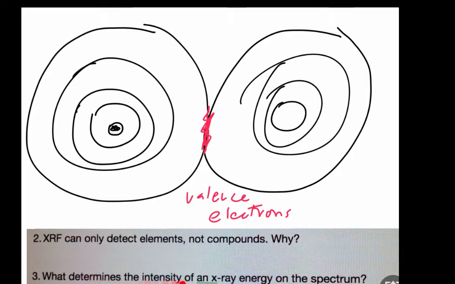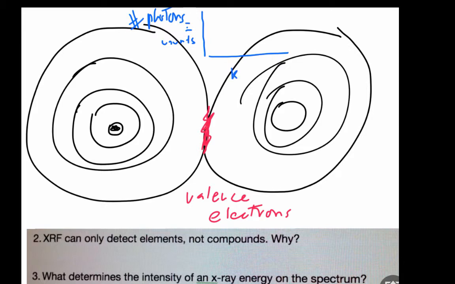What determines the intensity of an X-ray energy on the spectrum? Well, if we have a spectrum, I drew one on the other graph, I'll just draw one quickly here. Here is intensity, which is really counts. These are essentially the number of photons with a particular energy.